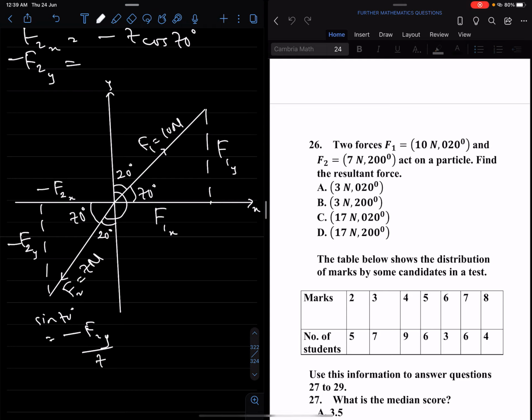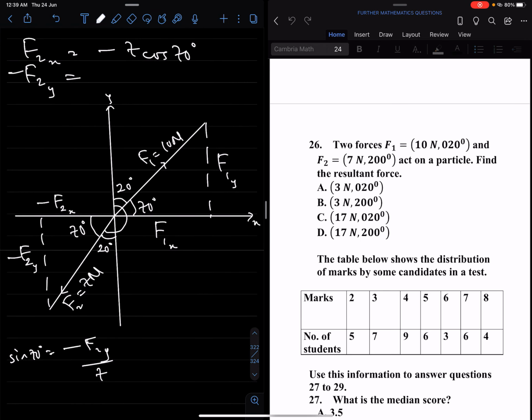That's opposite over hypotenuse. So that simply means minus F2y is the same as 7 sine 70 degrees, and F2y will be minus 7 sine 70 degrees.